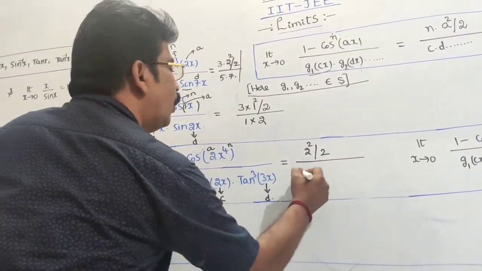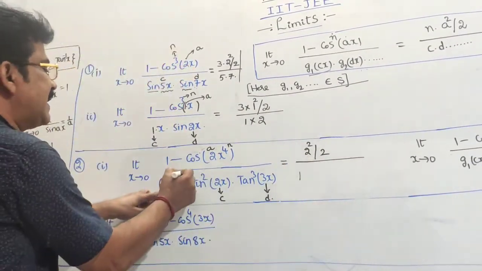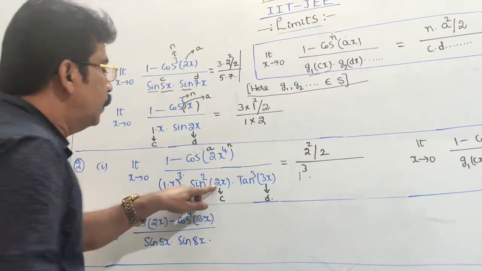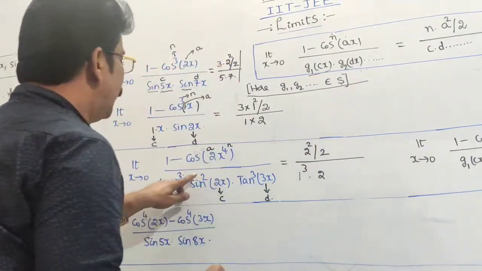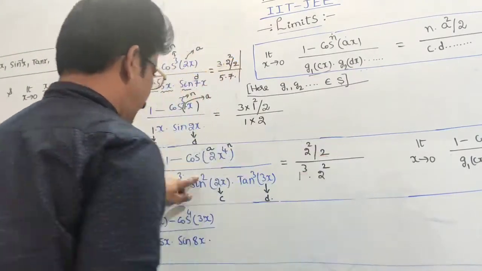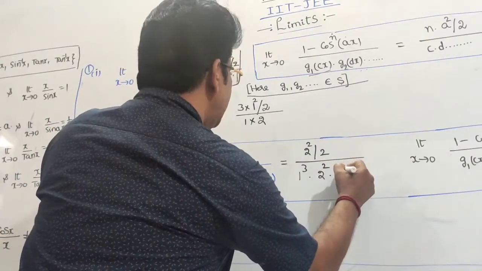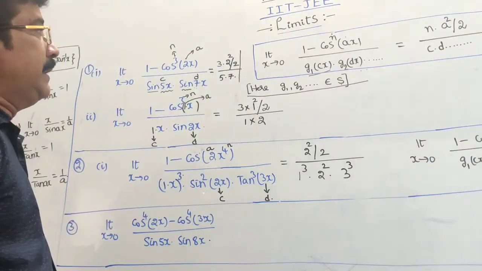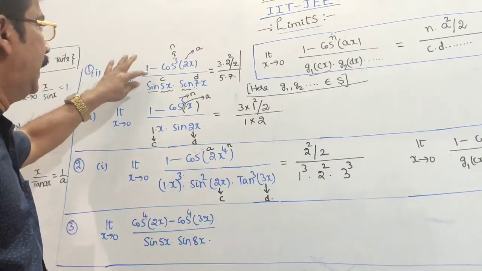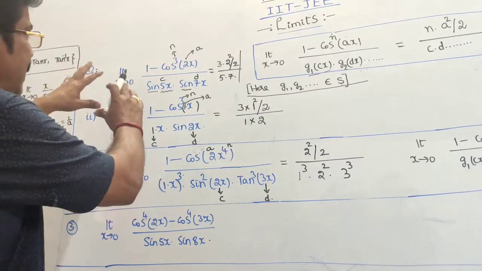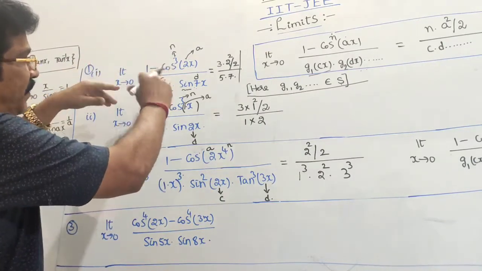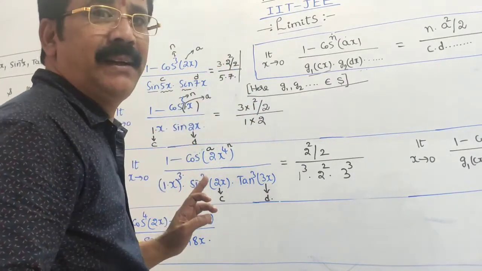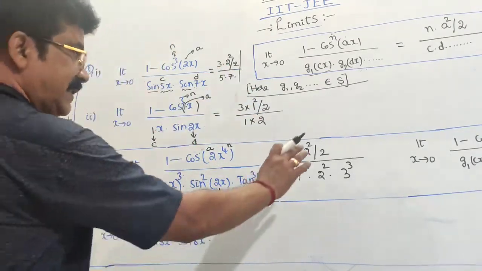The x coefficient is 1, and its exponent is 3, so 1 cubed. Next, x coefficient 2, its power is 2. Next, x coefficient 3, its power is 3. This is the shortcut. In the first question also, if something like x cubed, sin cubed, sin to the power of 7 or 6 is given, we have to write the powers here like that. Understand? So this is the answer.